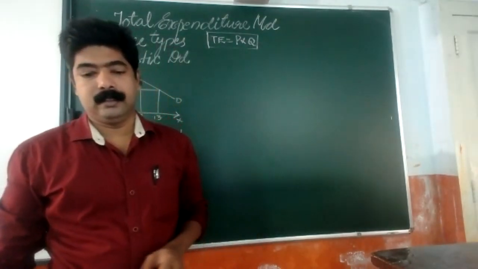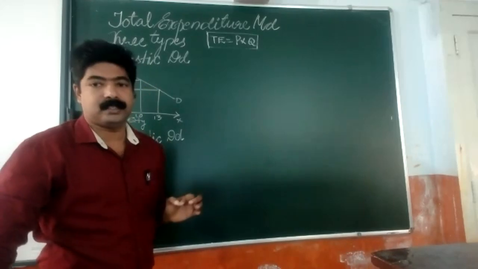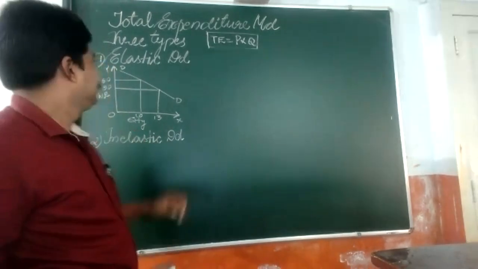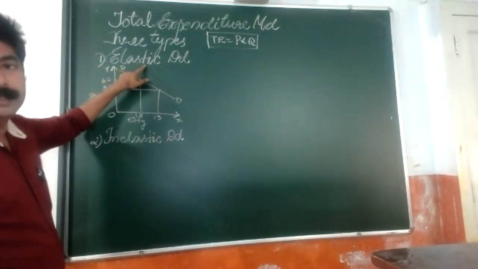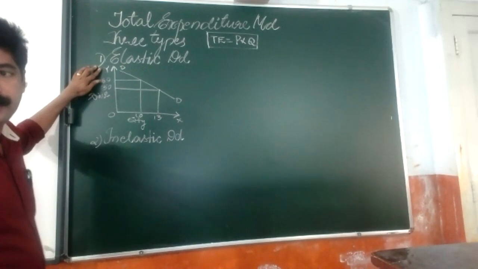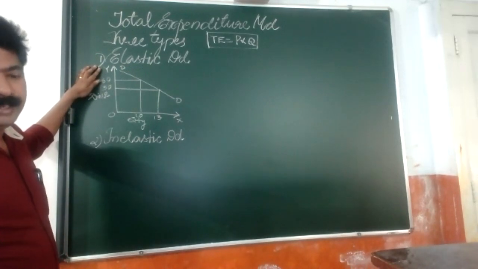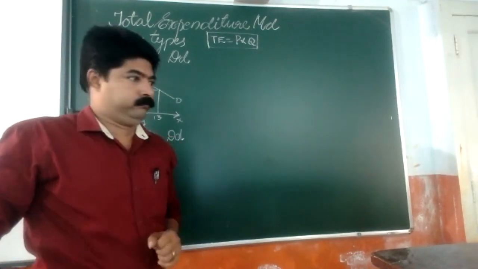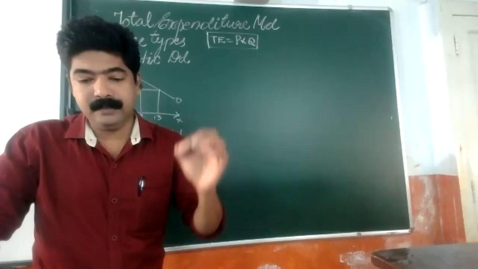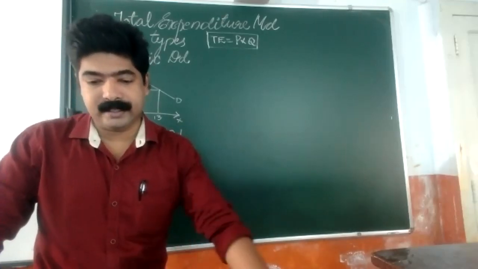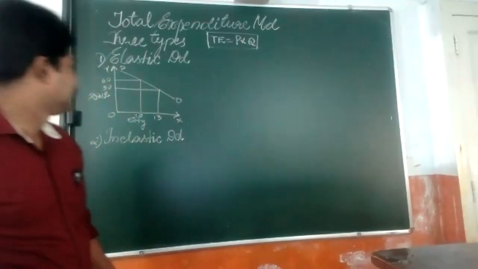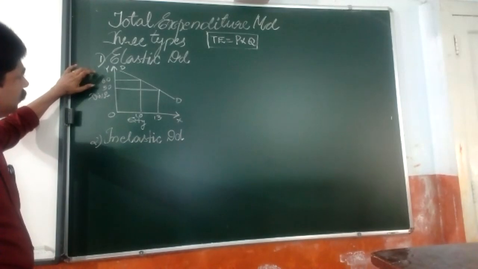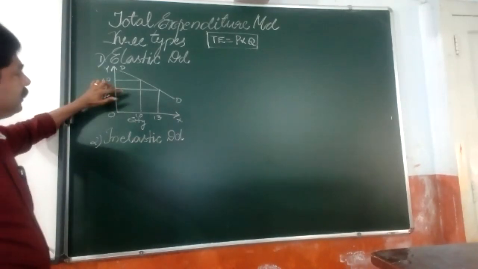Using this total expenditure method, we can have three categories. Number one is elastic demand. What is elastic demand? Elastic demand refers to the situation when a fall in the price of a commodity results in an increase in total expenditure. Look at the diagram.